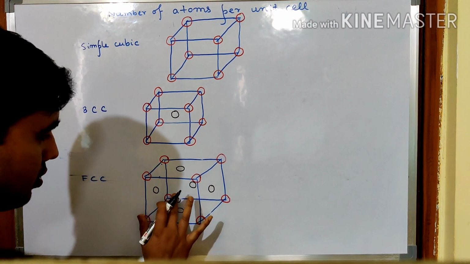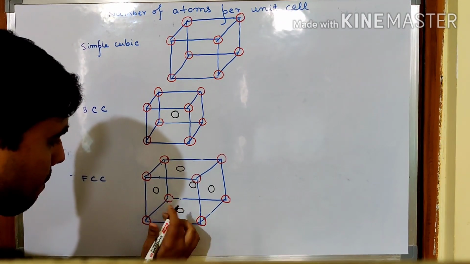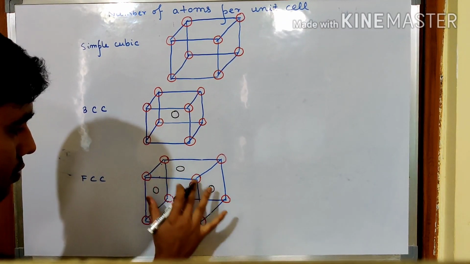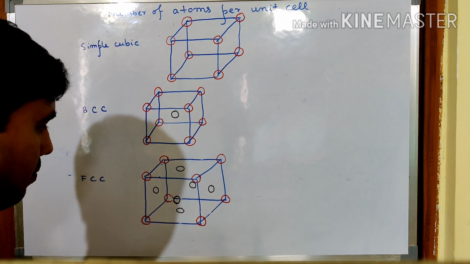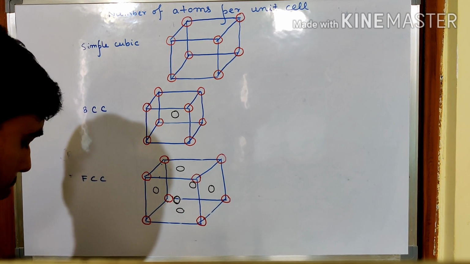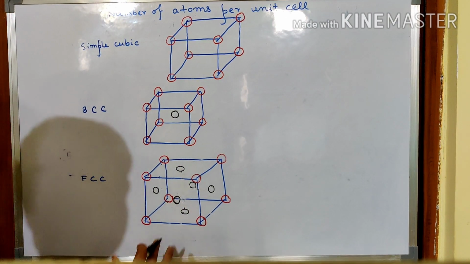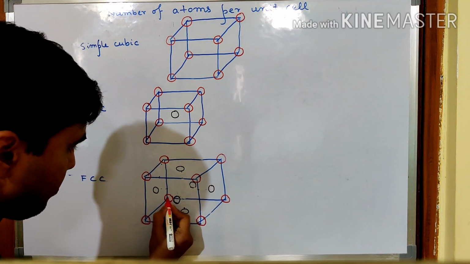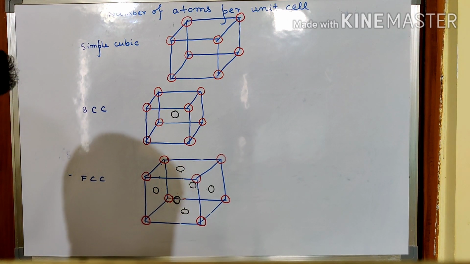I hope this is better, I could draw it here. Center of this face. So there are in total 6 face atoms, face centered atoms.